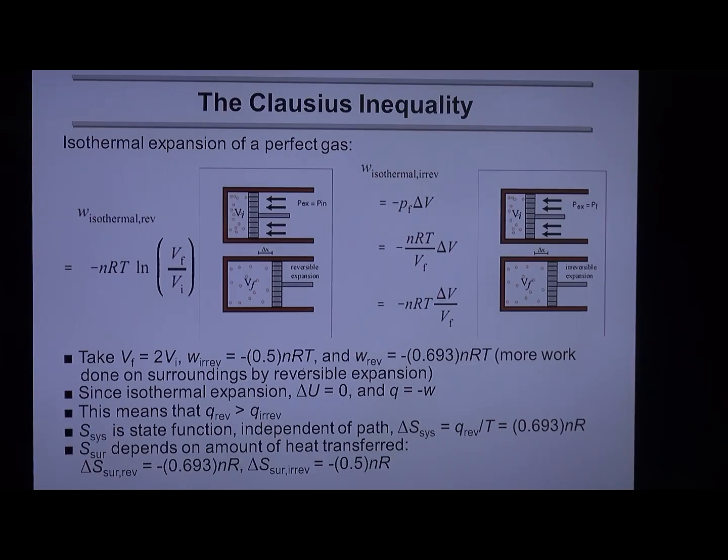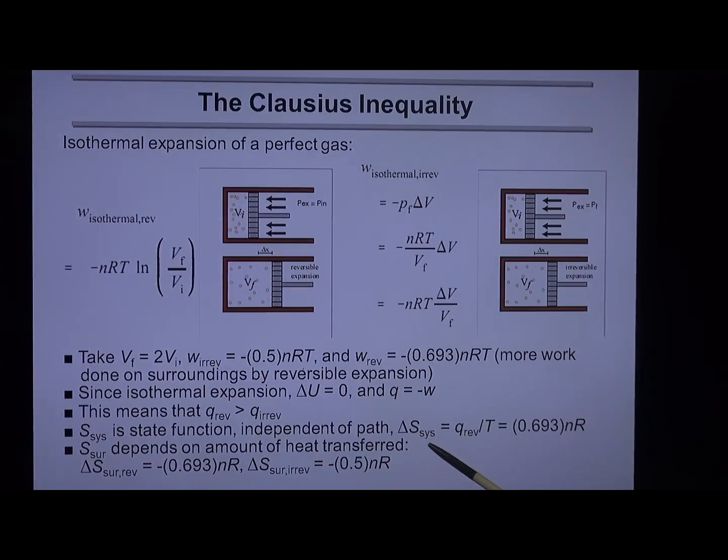All right. So let's calculate delta S. Since we want to show that this really follows the second law of thermodynamics, let's first calculate delta S for the system, for the piston.